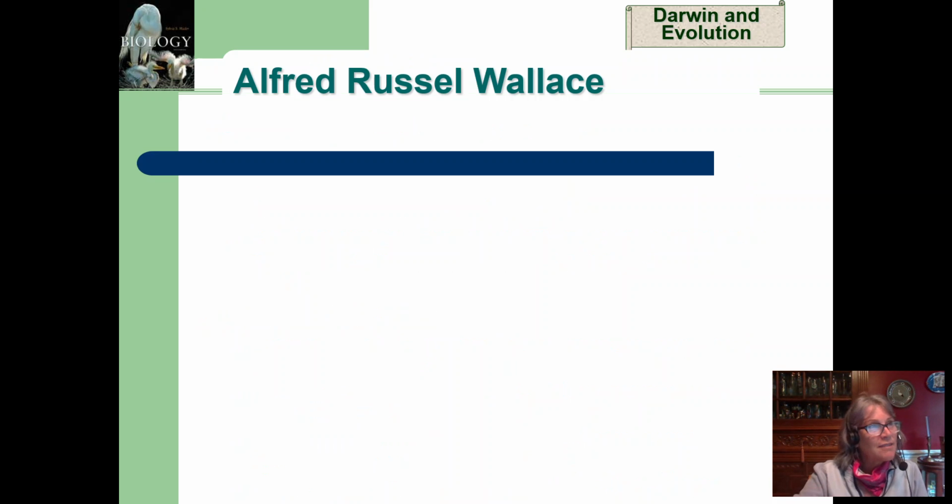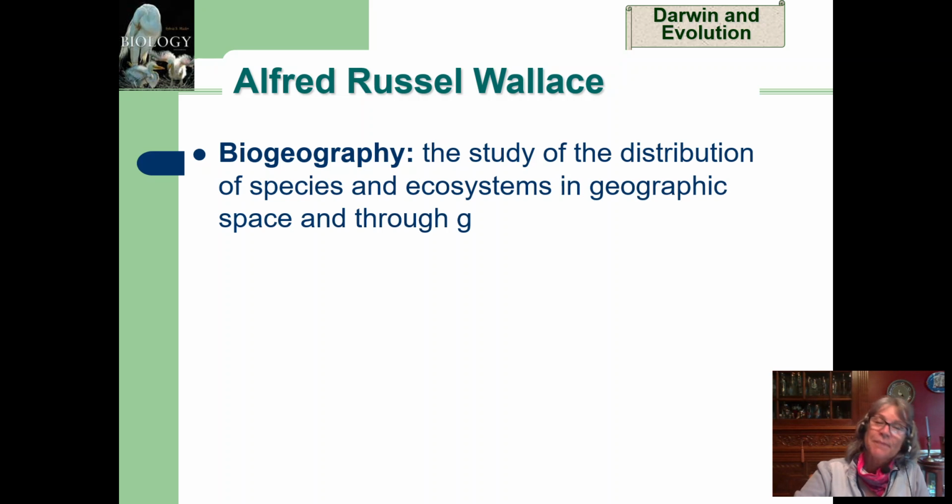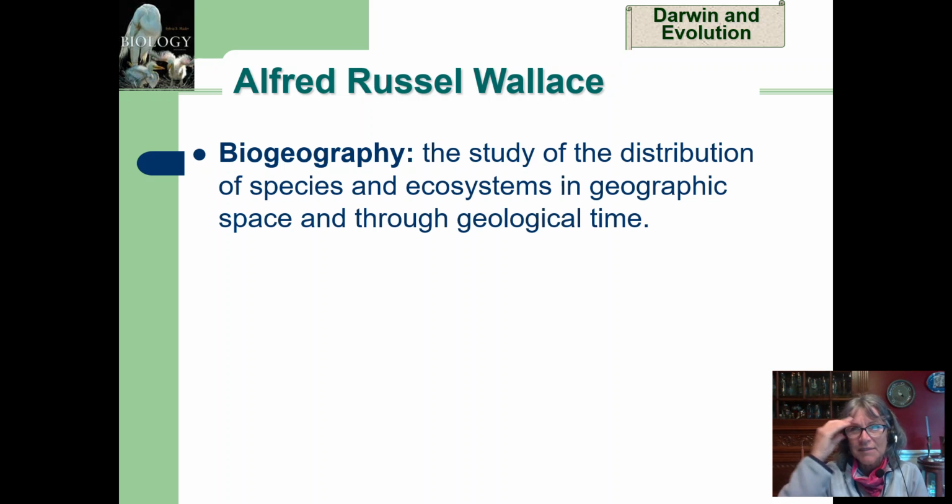So Alfred Wallace, this is Darwin's partner who never gets any credit, helped him to develop, based on all his evidence and observations, based on the meticulous records that he kept, and it took him another 20 years to organize it all, but Wallace was a main contributor, so it's really Darwin and Wallace's theory of evolution. Wallace studied biogeography, and that is the study of the distribution of species and ecosystems in geographic space and through geological time.